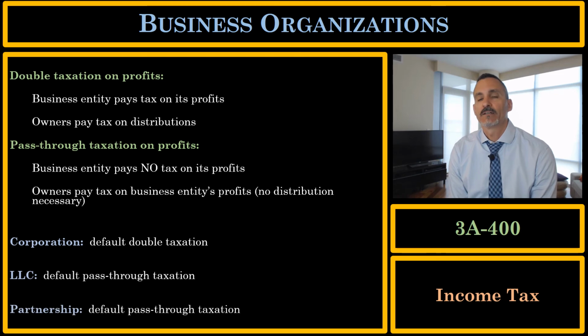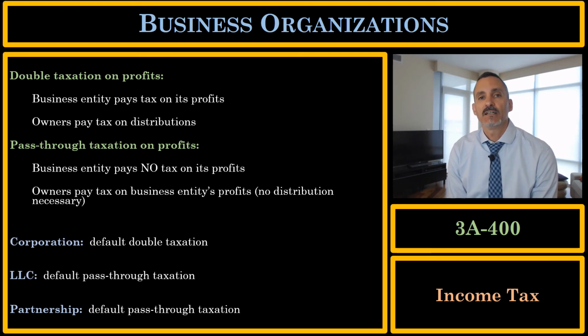Let's cut to the quick. A corporation by default has double taxation. We'll talk about how you can get pass-through taxation for your client's corporation if that's what your client desires.